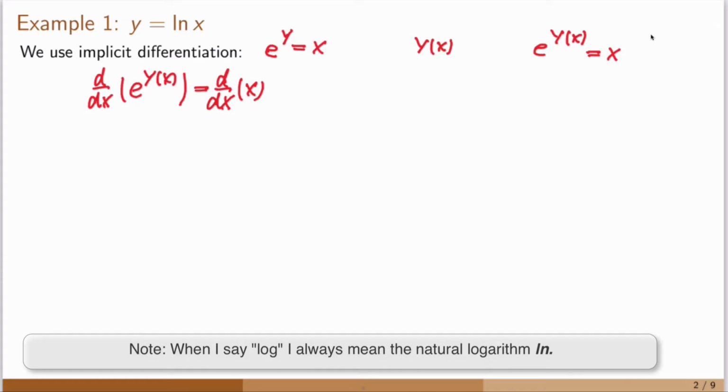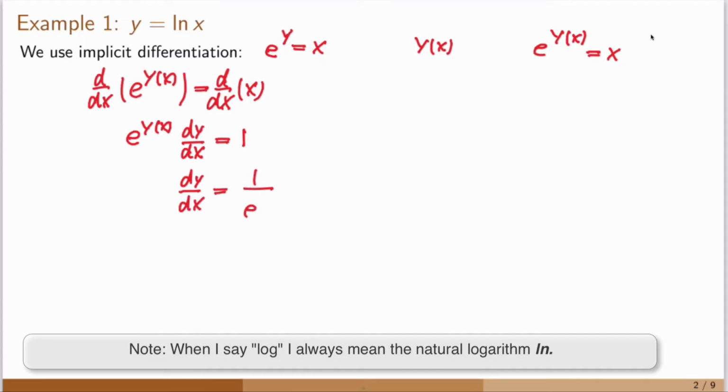The outer function is e to the and the inner function is y. I differentiate the outer function, which is e to the y of x, times the derivative of the inner function, which is dy by dx. On the right-hand side, we have the derivative of x itself, which is 1.